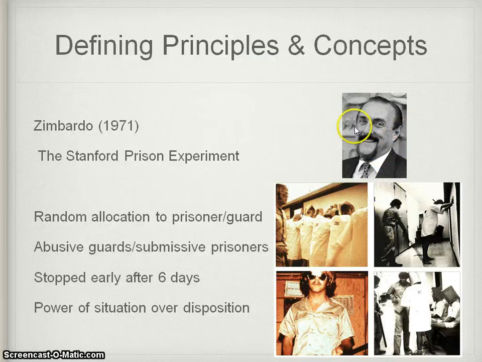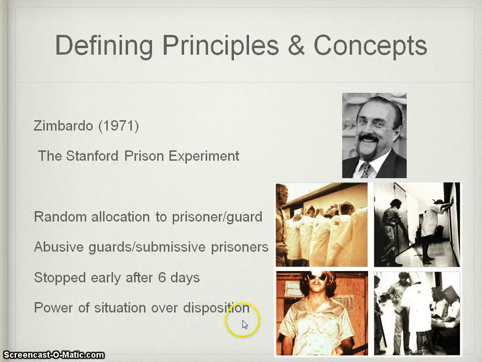And he'd become so engrossed in the role as prison superintendent that he kind of forgot to care about the ethical needs of his participants. So the big conclusion from this big defining study was that the situation rules our disposition.